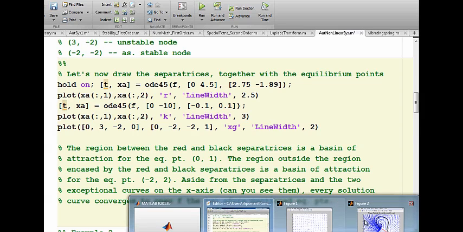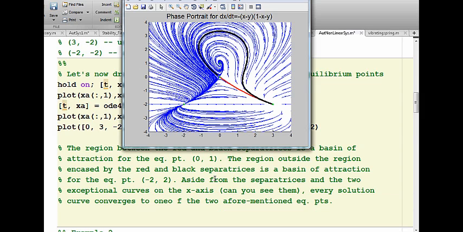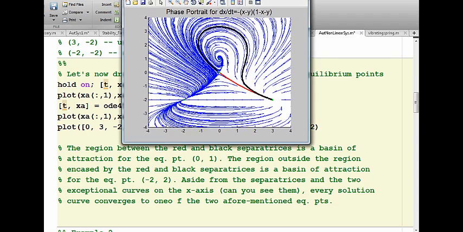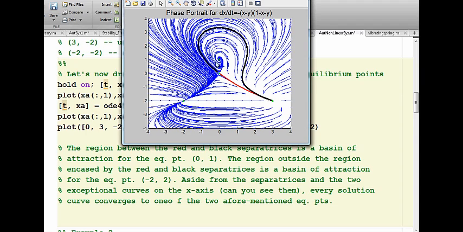Let's bring it up again. The region between the red and black separatrices is a basin of attraction for the point (0, 1), this point. The region outside the region encased by the red and black separatrices, that's out here, is a basin of attraction for this asymptotically stable node.